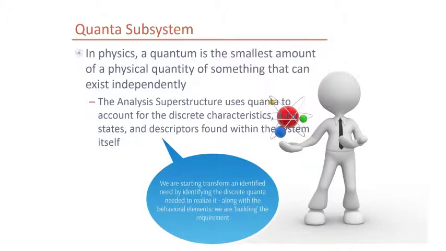We are starting to transform an identified need by identifying the discrete quanta needed to realize it, along with the behavioral elements. So we are, in effect, constructing a requirement from the ground up, and all the elements that are necessary to realize the requirement get attached to it and come along with it.